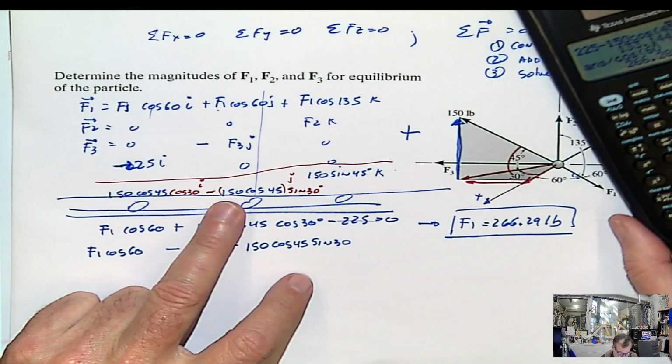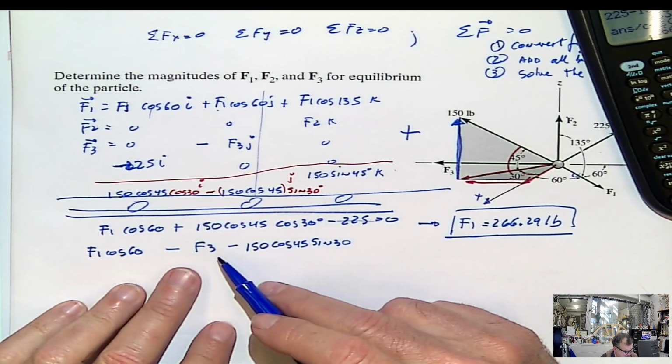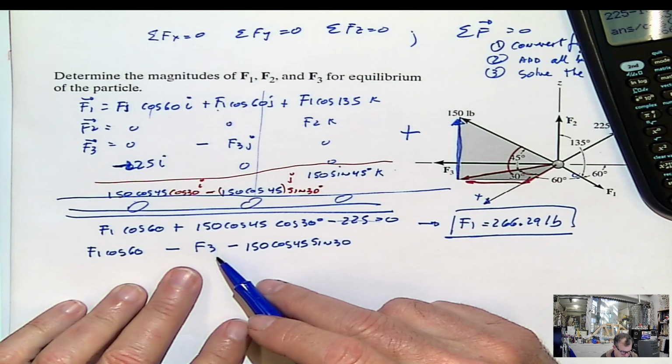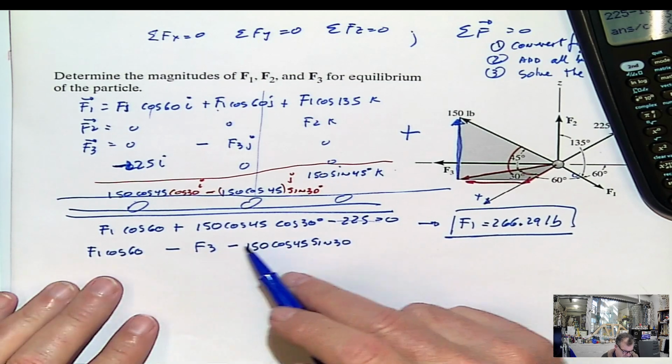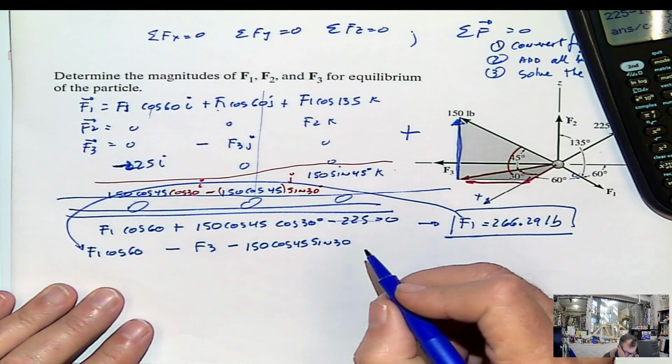I don't think I'm missing anything. No, I'm not missing anything. I have F3, and then I have 150, and then I have F1, but F1 is this value here, equals 0.